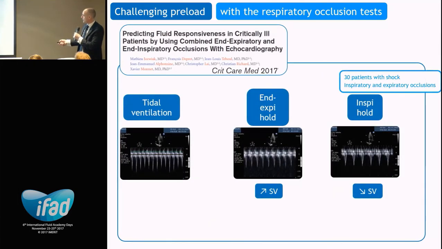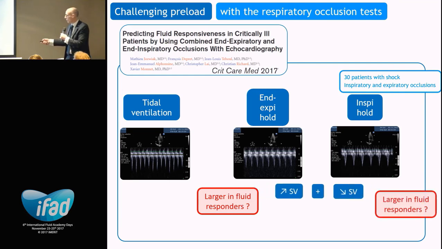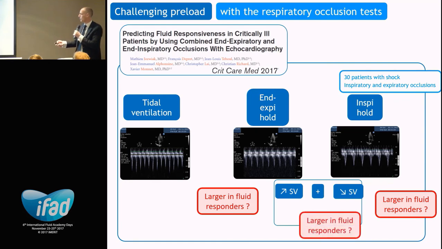So we expected that stroke volume decreased more in fluid responders, and so we expected that the total changes induced by end expiratory and end inspiratory holds would be larger in fluid responders.